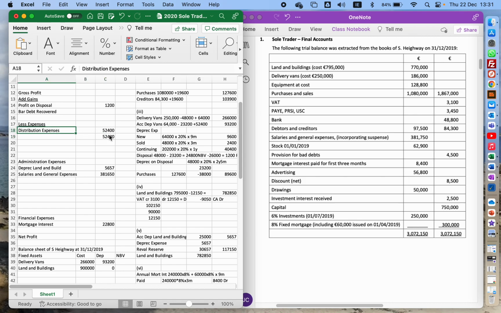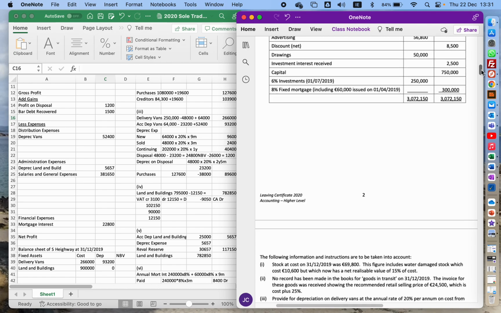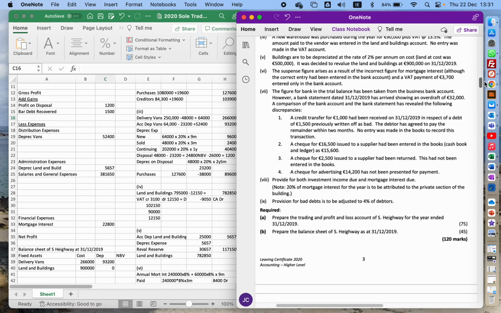That figure there is for depreciation of vehicles, or I think it was hands. So normally if we have a bad debt, it would be a distribution expense, but because we got this money back, we're cancelling it by having an add gain. So 1,500 is the gain, the money that we're cancelling of a bad debt. So that's the first one.